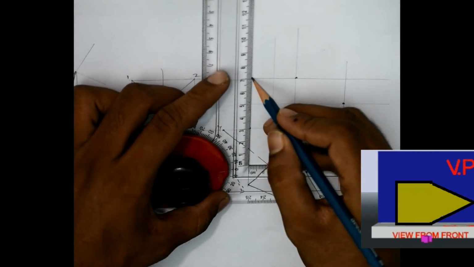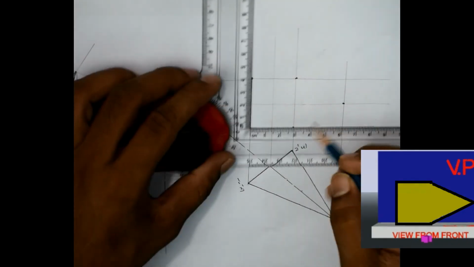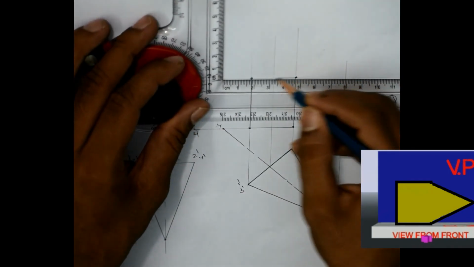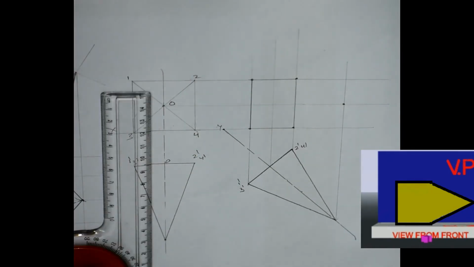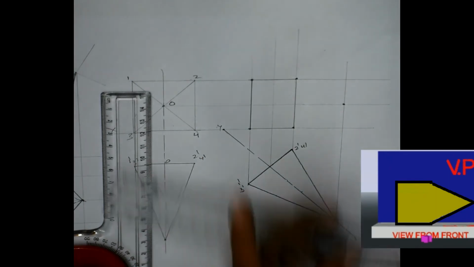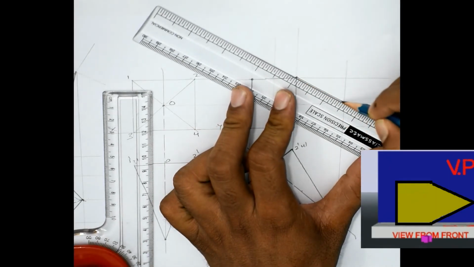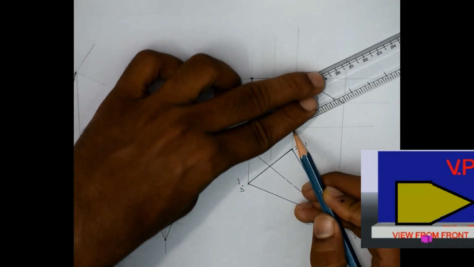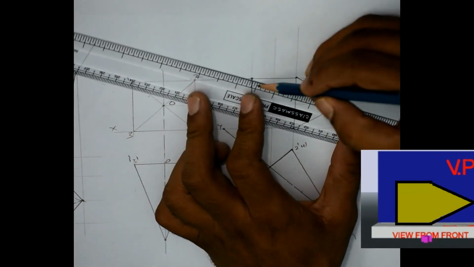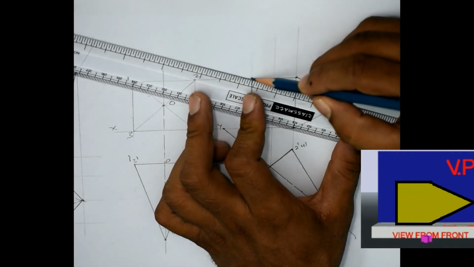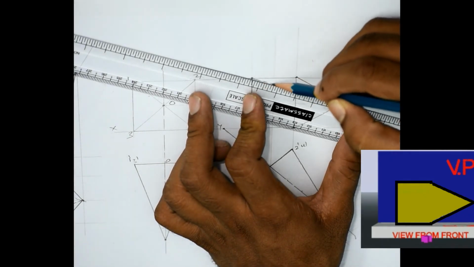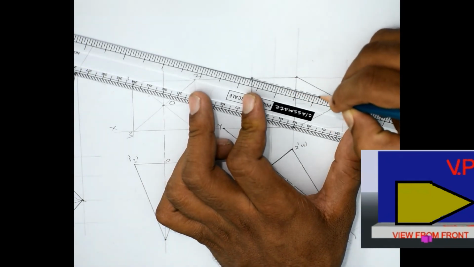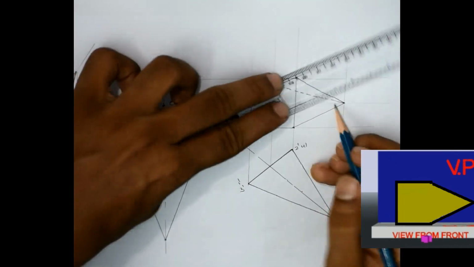Since it is visible from the front view, I have to draw all the lines dark only, and then I have to join this portion also because this is also visible. These two edges will not be visible as we have already seen. So I will draw this in dashed lines or hidden lines.